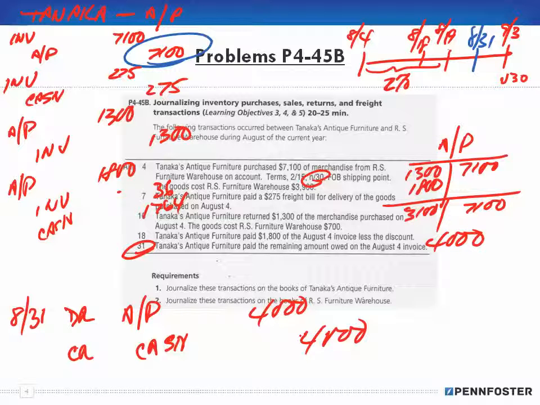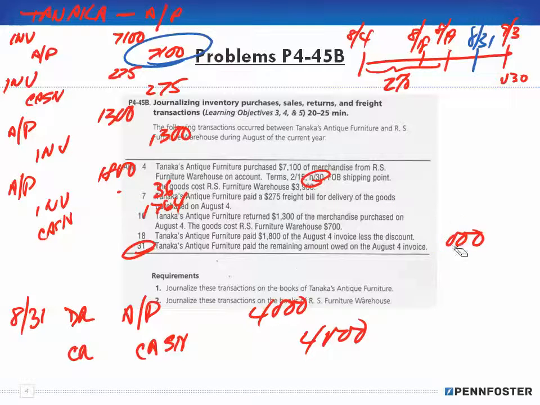Right now, the thought that occurred to me in doing these entries was on this partial payment.